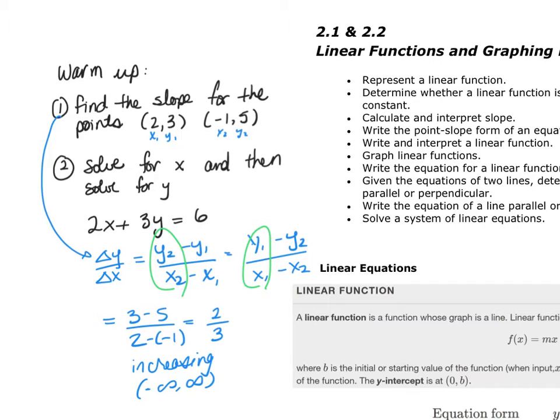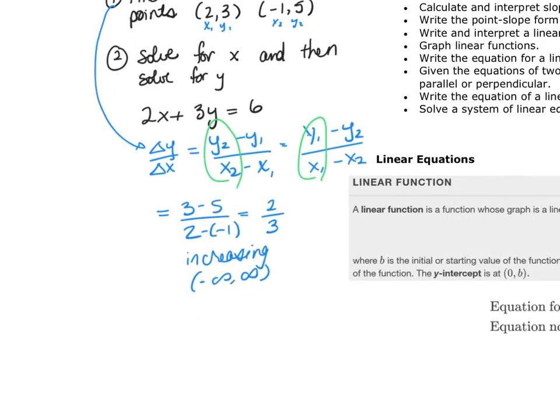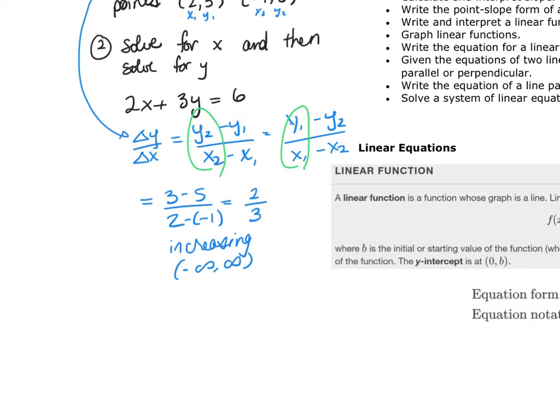So what we're going to be doing today is talking about lines and graphing lines. And that's all we're going to do, is lines and graphing lines. Now, if I'm asked to solve for x and then solve for y for this, then if I'm solving for x, I'm going to bring that y to the other side, so 6 minus 3y.